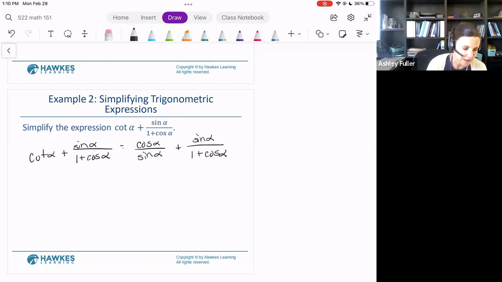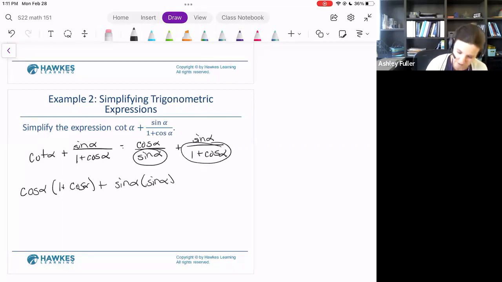Again, our common denominator here is going to be sine of alpha times 1 plus cosine of alpha. So that gives us cosine of alpha times 1 plus cosine of alpha, plus we need to multiply here by the sine of alpha, so that this denominator becomes part of this over here. And that leaves us with sine of alpha times 1 plus cosine of alpha.